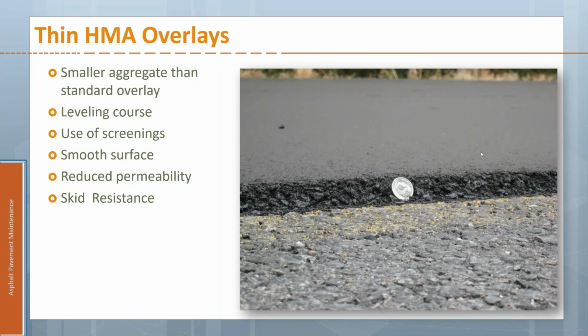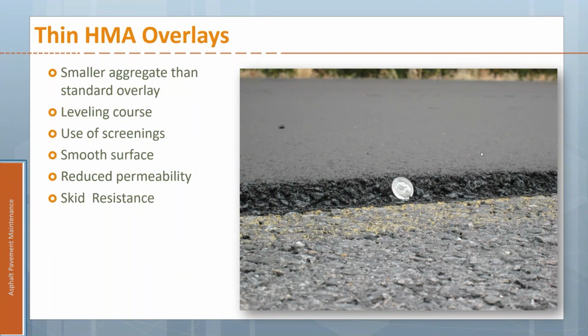So I can use this as a leveling course. In fact, some folks will use this strictly as a leveling course and then go ahead and put a 2-inch traditional overlay on top. But one of the advantages of this is in some areas, when the Superpave mix design started for our traditional mixes, we started using some coarser gradations.